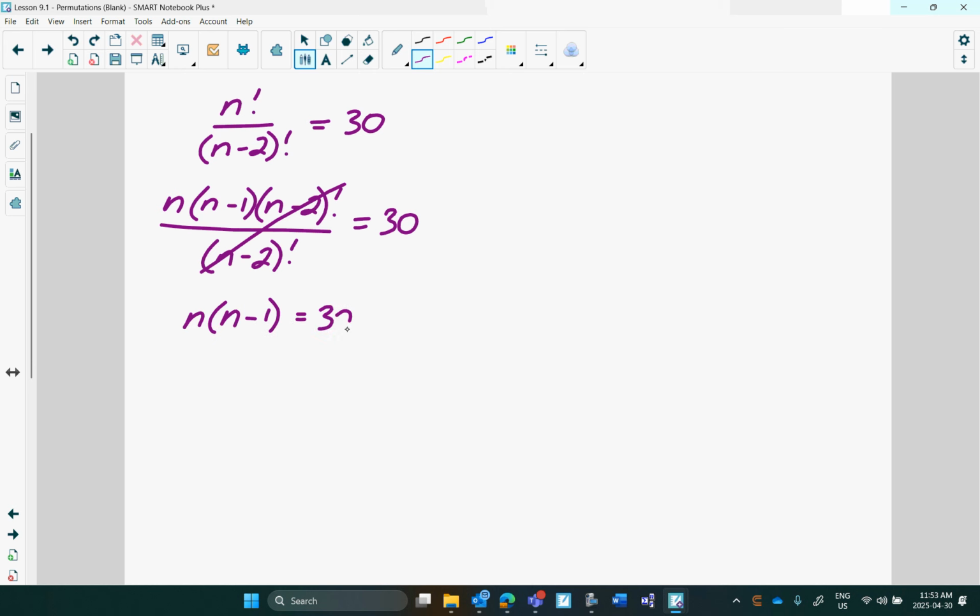I have to solve this, get rid of the parentheses first, and it looks like this. You should be able to tell me where to go now. Yes, it's quadratic. Everything to one side and factor.